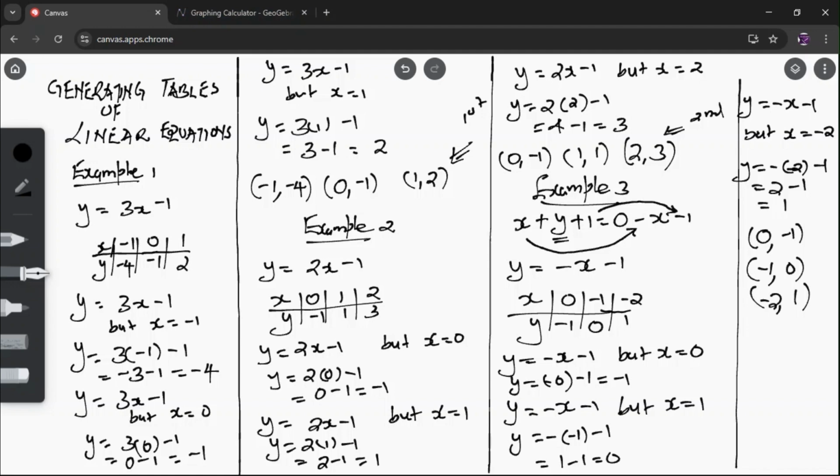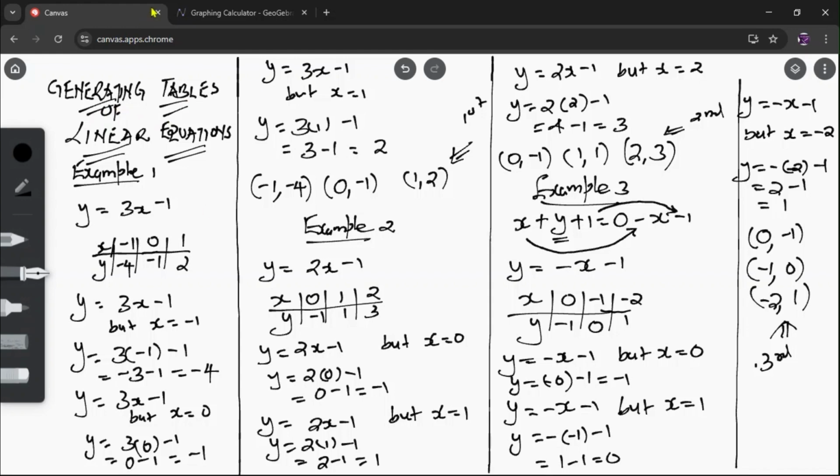Then the last one is 0, minus 1. You have minus 1, 0. Then you have minus 2, 1. So you have the first coordinate, the second one, and then the third coordinate. This is what I want us now to plot on our graph.